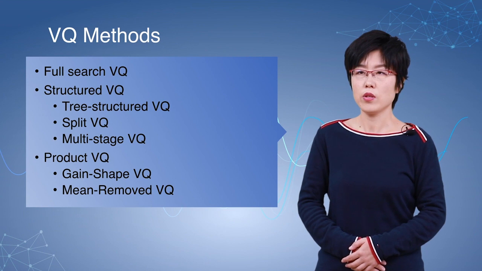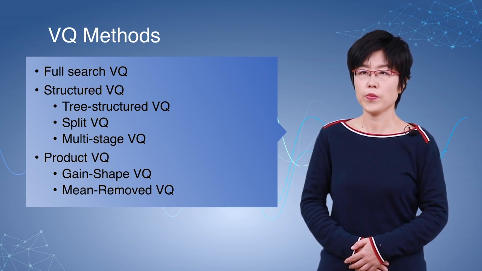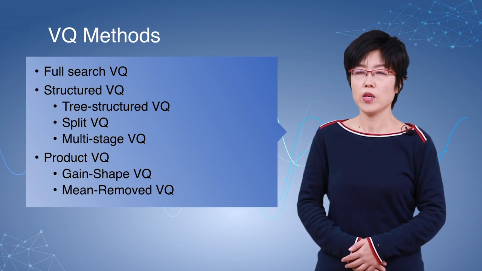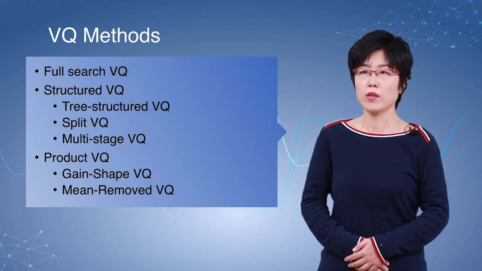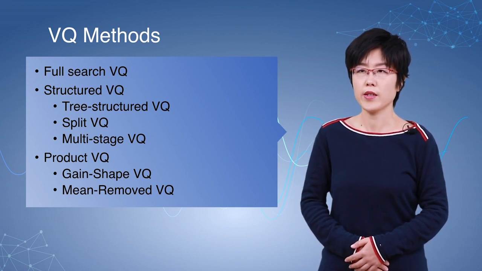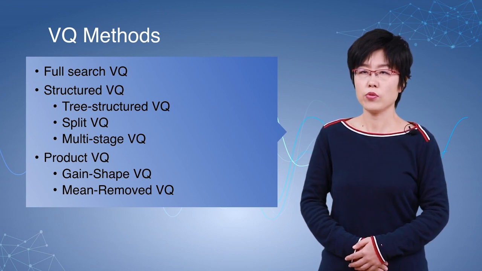Full search VQ needs much computation. We will mainly introduce several structured VQ methods, such as tree structured VQ, split VQ, and multi-stage VQ. Other methods like gain shape VQ and mean removed VQ belong to product VQ.